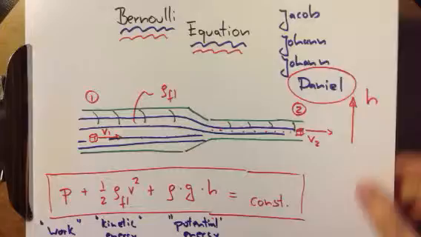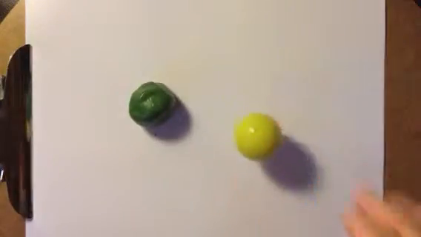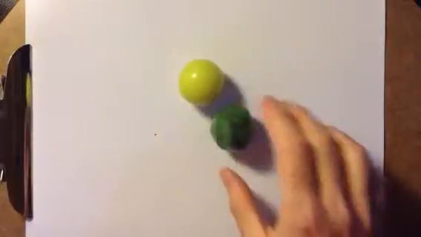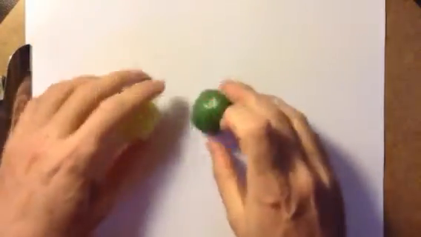Now, does that apply to all fluids? No, it doesn't. One has to be a bit careful. It certainly doesn't apply to this fluid. Well, you might say, this isn't even a fluid, it's a solid, just like the yellow bar next to it, the yellow ball next to it. Well, this funny fluid sometimes behaves like a solid, and sometimes it behaves like a fluid.